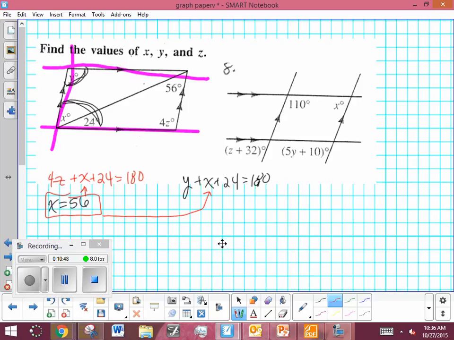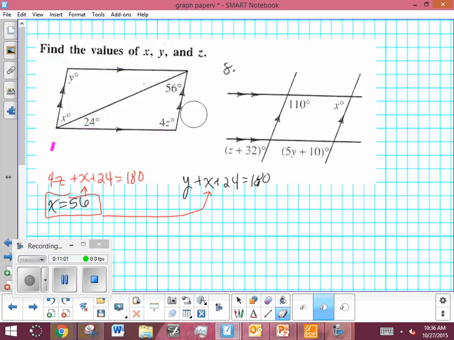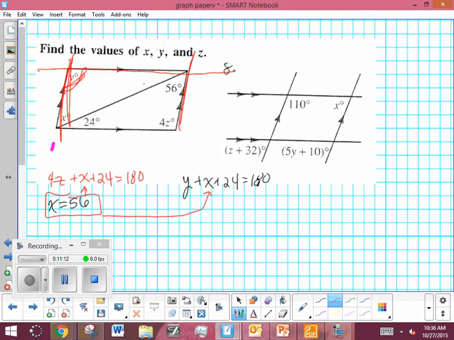Okay. And you know, I kind of paused as I was doing this because there are times when you might choose parallel lines and a transversal that don't really lead you anywhere. I thought choosing this one here, that parallel line, and this top transversal was going to help me in this problem, but the way I've got it drawn up, it doesn't, because that angle there and that angle there are supplementary because they're same side interior, but I don't know that portion right there.